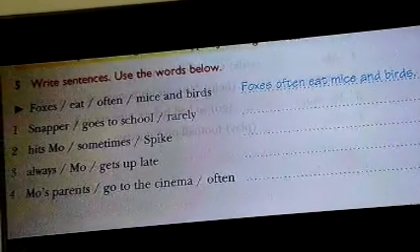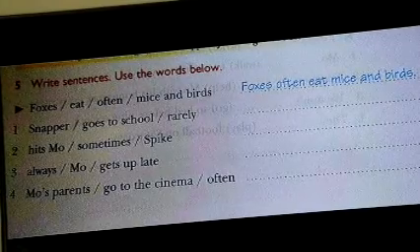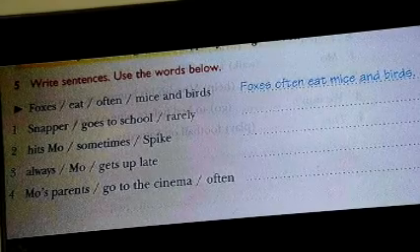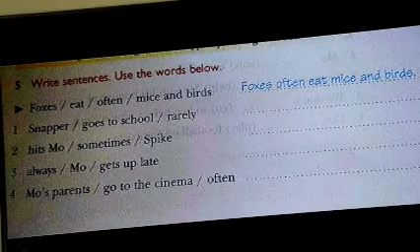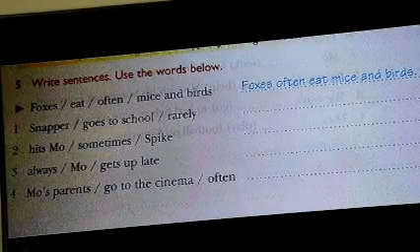So foxes often eat mice and birds. What's the next one? Snapper goes to school rarely. Snapper rarely goes to school. Okay? Hits Mo, sometimes bites.